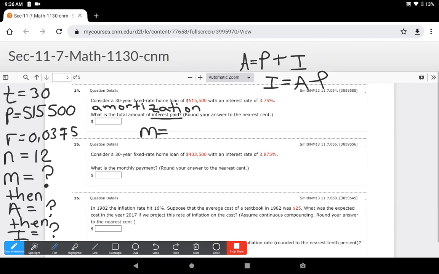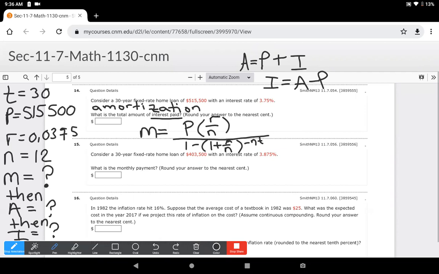So the amortization formula with the variables that we have: P times R over N, divide by 1 minus 1 plus R over N raised to the negative NT. That looks gross, but that's supposed to be an R over N right there.